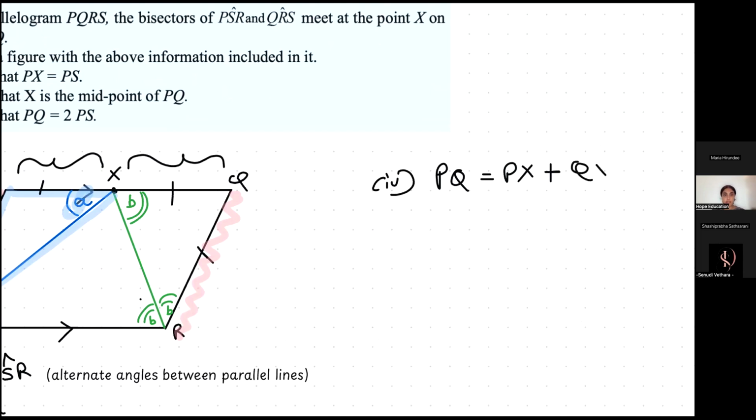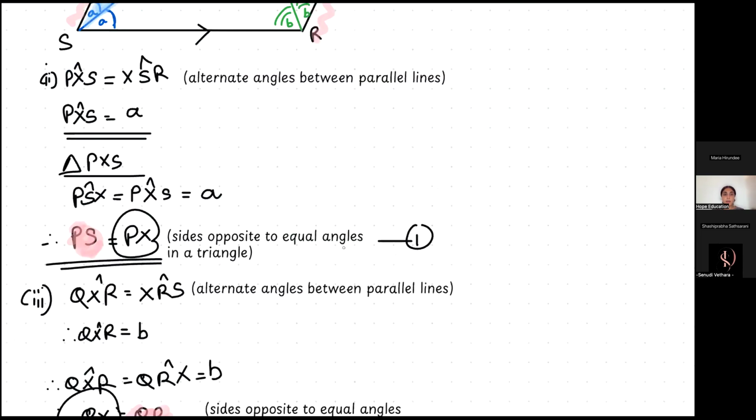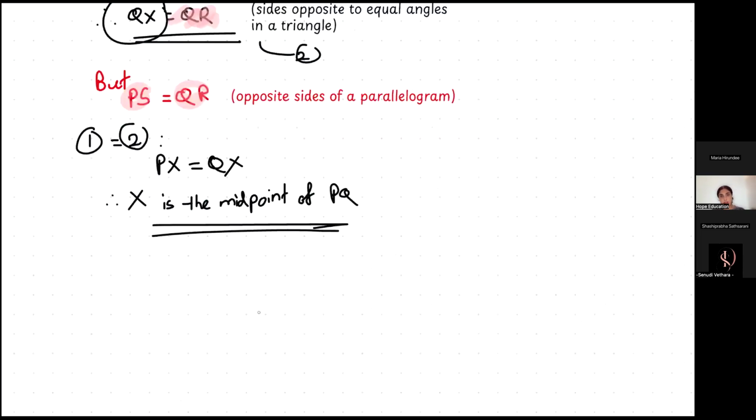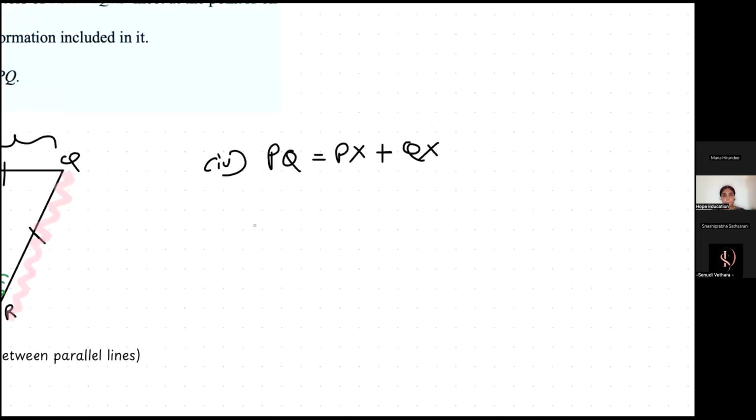PQ කියන එක හැදෙන්නේ PX plus QX. And මෙතන අපි already PX equals QX කියලා. Right? So we can say, PX equals QX. ඒකෙන් මට මෙයාව ලියන්න පුළුවන්.